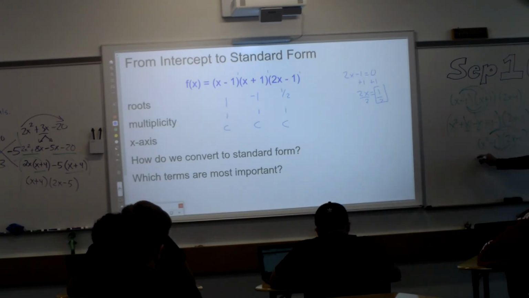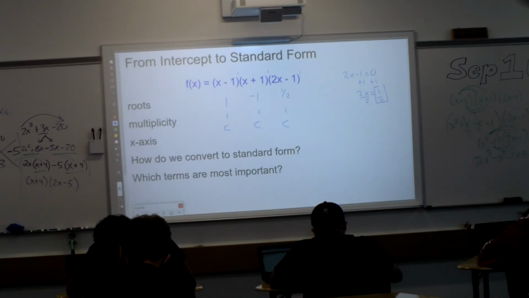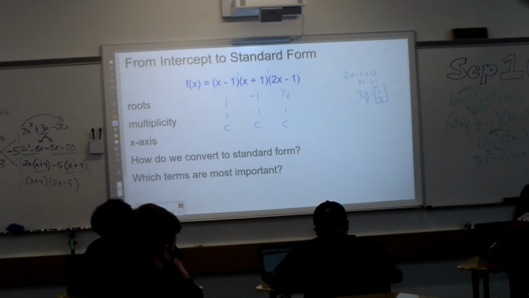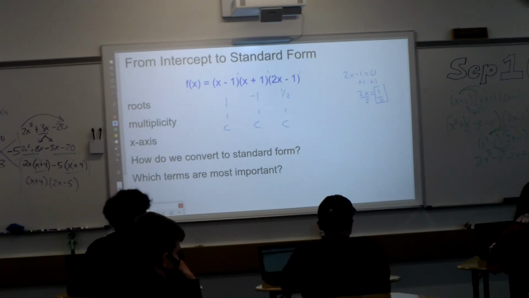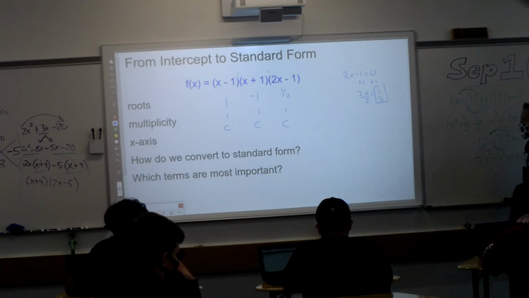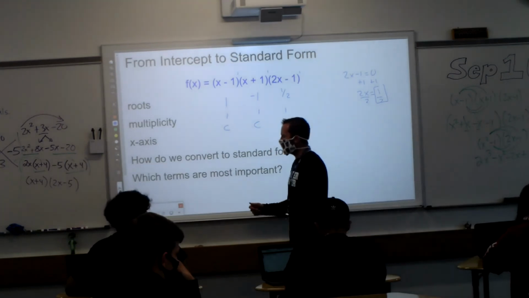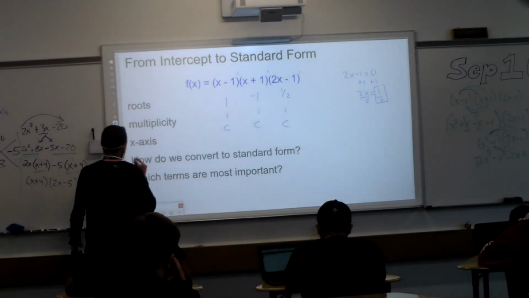When we do, we get 2x to the third minus x squared minus 2x plus 1. Now that actually wasn't too bad, okay? There are times where it could be a lot more work to multiply that all out. But this is when I would ask, is there an easier way to do this?